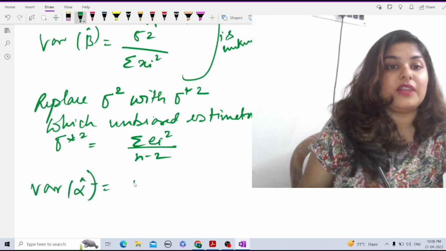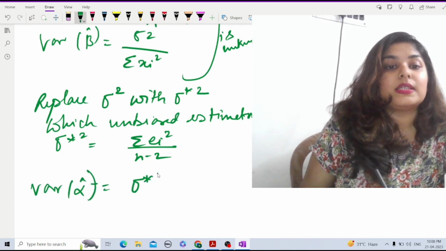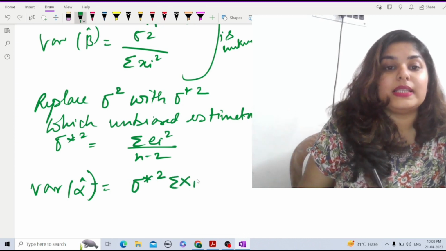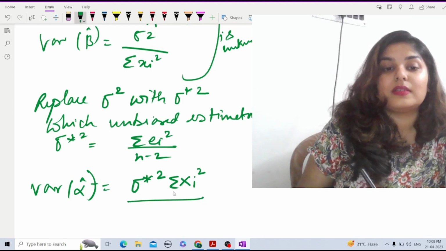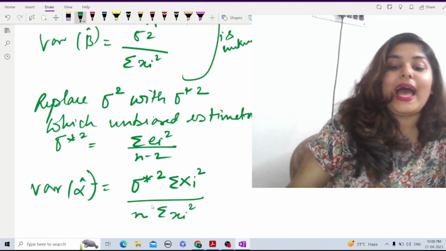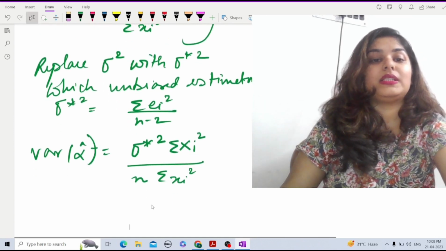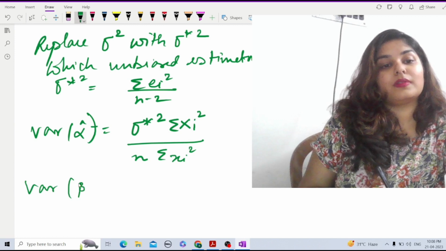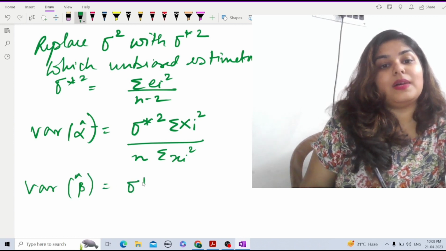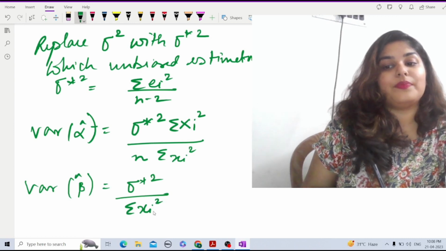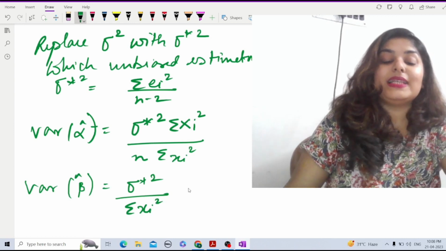So our variance of alpha hat becomes sigma star square times summation capital xi square divided by summation small xi square with small n. And our variance of beta hat can now be written as sigma star square by summation small xi square. Perfect.